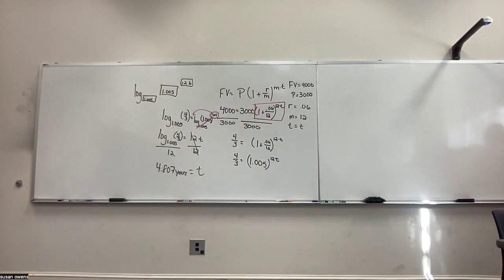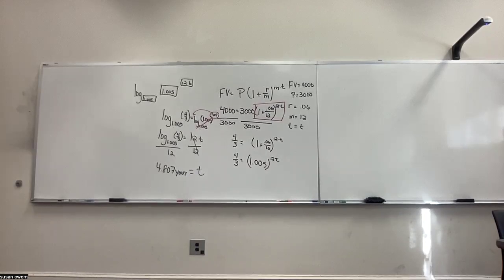Let me give everybody a second to practice putting it in, then we'll move on to the continuous. Four point eight oh seven. I got 4.9. That's fine.